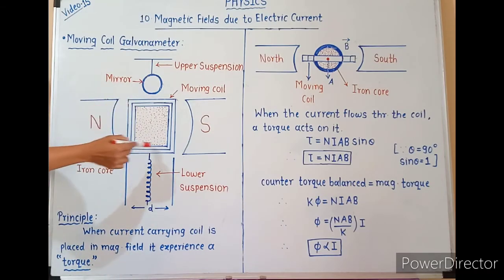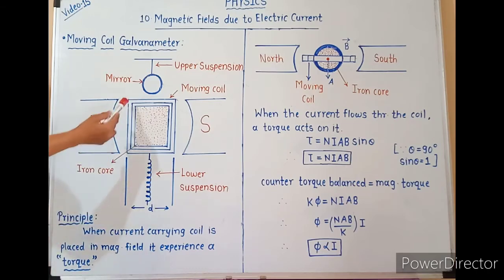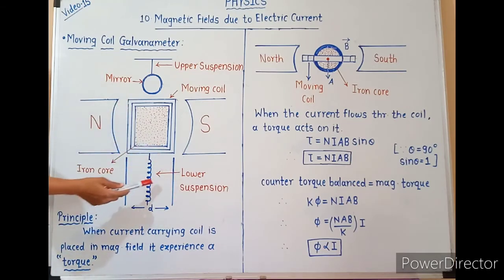When current flows through this coil, the spring gets twisted, and when we stop the current, the spring comes back to its original position. When the spring comes back, it applies a counter torque on this coil, which is in the opposite direction of the magnetic torque.